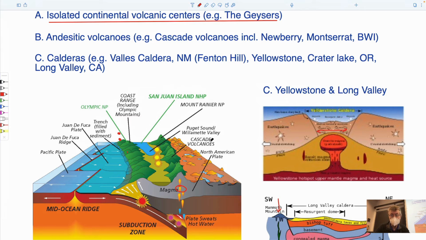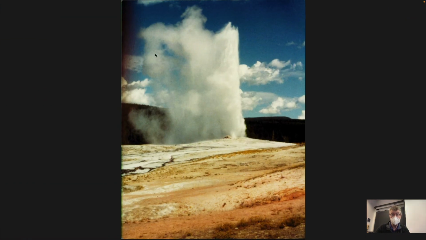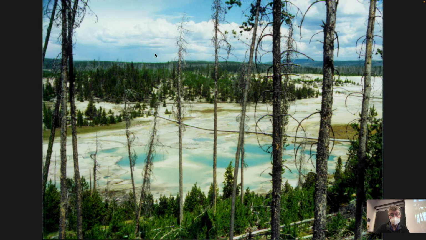But Yellowstone, which is on the east side of those volcanoes, is a caldera that is almost ready to blow. It has, I think, a 500,000 year return period, and it's up to 500,000 years now. And so this is the manifestation of things there.